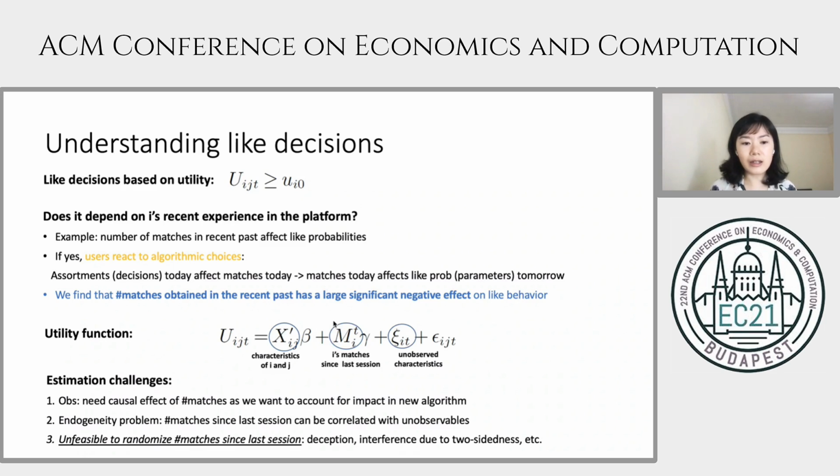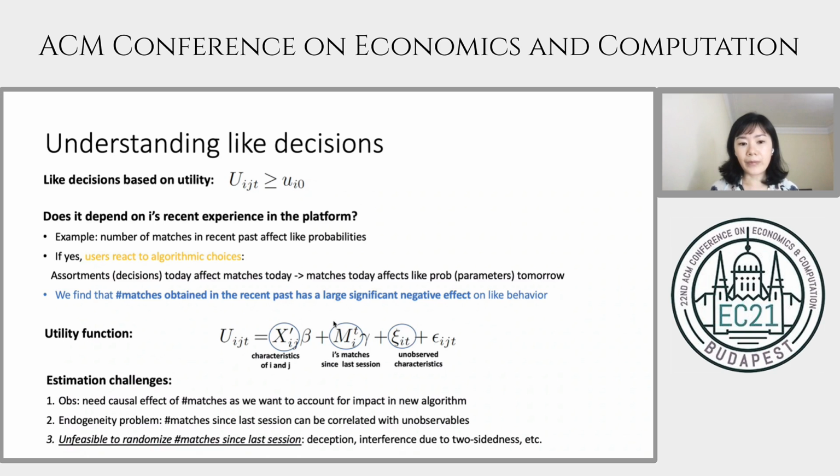The challenge here is that we want to recover gamma without bias, so that gamma has a causal interpretation. There's a complicated endogeneity problem because the number of matches since last session can be correlated with unobserved preferences of user i, and unobserved activities of user i, both on the platform and off the platform.